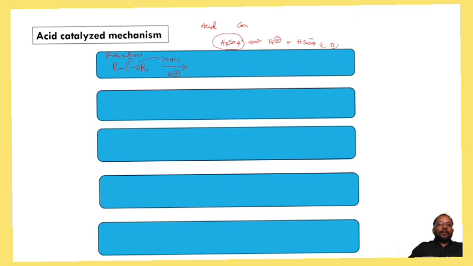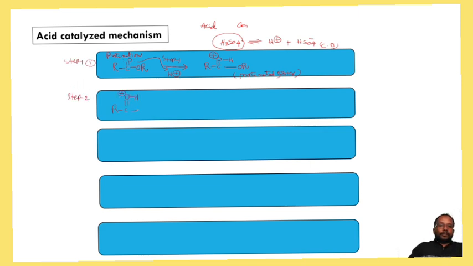The lone pair of electrons of the carbonyl oxygen takes up the proton to form the protonated ester. This compound is called protonated ester.